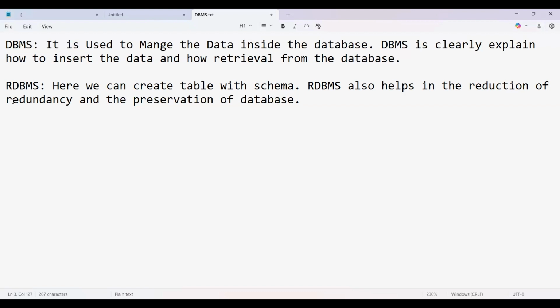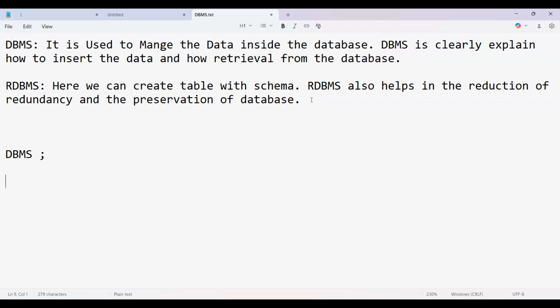So first you need to learn these concepts before entering into the tools. The difference between DBMS and RDBMS is very important.